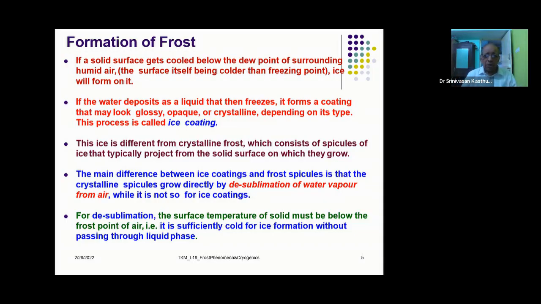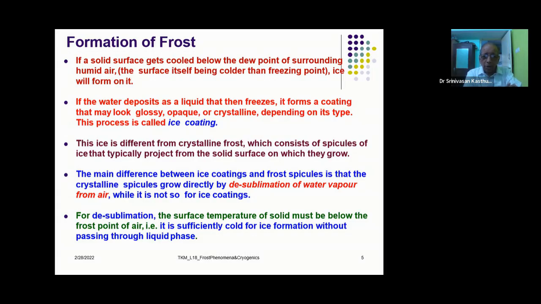So if the solid surface gets cooled below the dew point of the surrounding humid air, then the surface is colder than the freezing point, and therefore ice starts forming on it. The ice starts forming because the surface is lower in temperature than the dew point of the surrounding humid air.